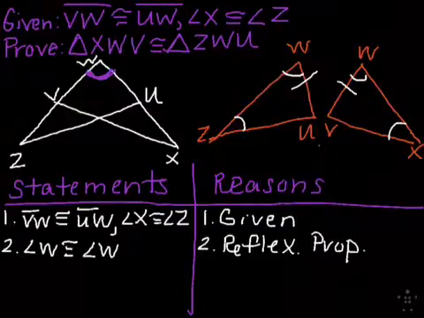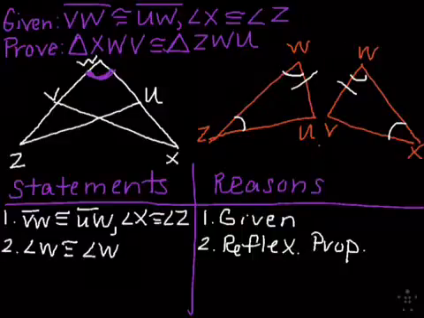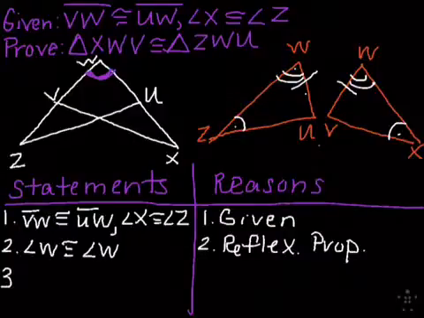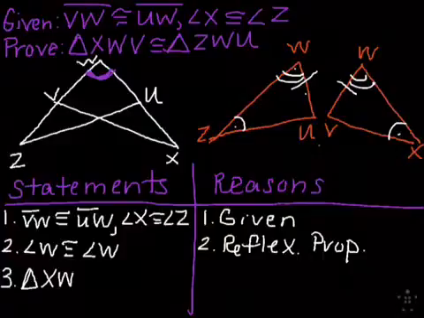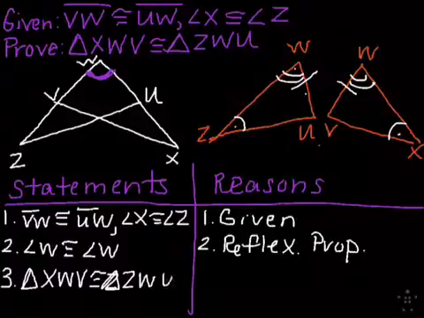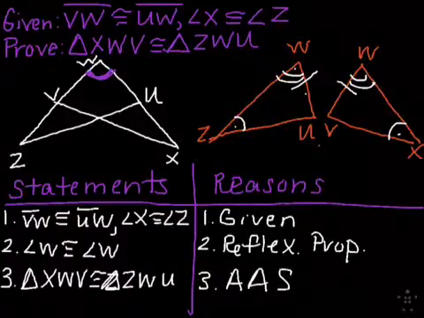So I have enough information now to say these triangles are congruent. I know this triangle is congruent by angle, angle, side. So I know that triangle XWV is congruent to triangle ZWU by angle, angle, side.